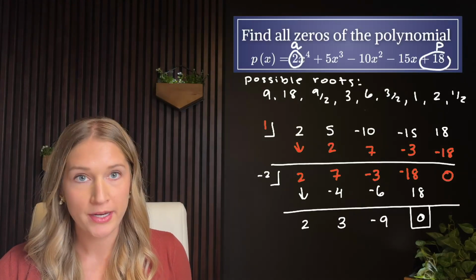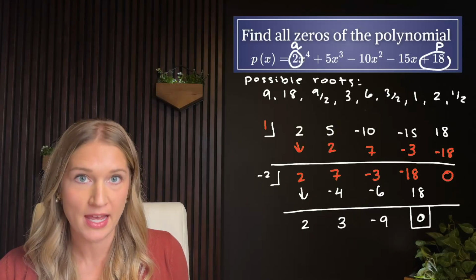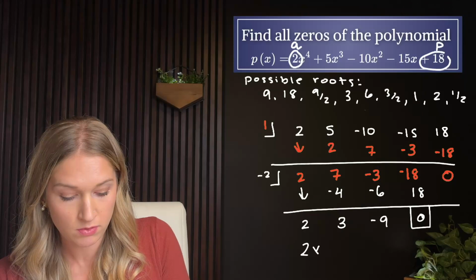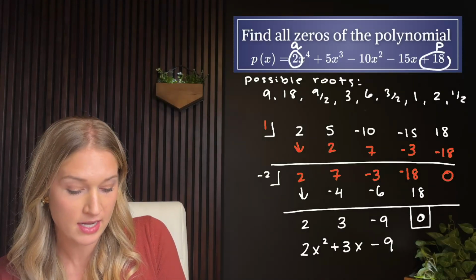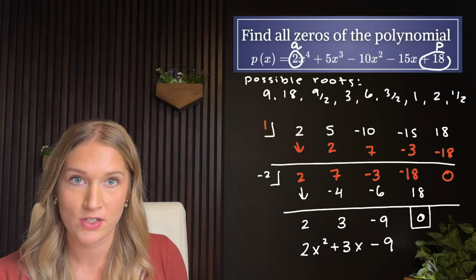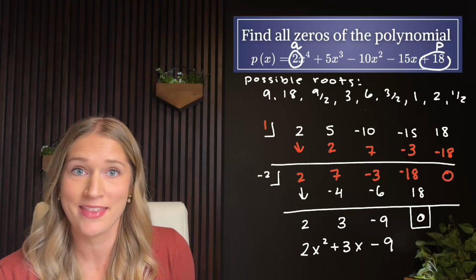But at this point, I've reached a quadratic. And I know it's a quadratic because there's 3 numbers left in my synthetic division. So this quadratic has the coefficients 2 on the x squared, a positive 3 on my x, and then negative 9 is my constant. I could keep trying with synthetic division, but we're not guaranteed that all of my zeros are even in this list.